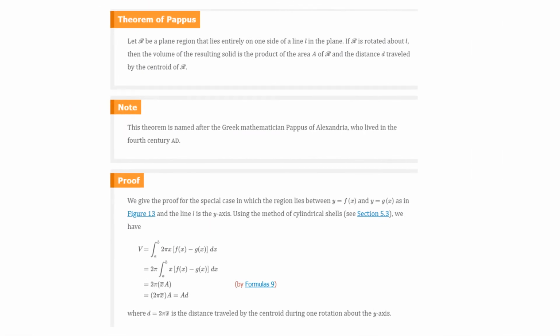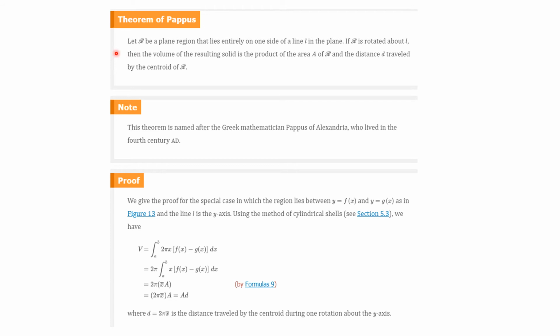Now, it turns out that there are two very interesting theorems attributed to an Egyptian mathematician, Pappus, and this was long before calculus was invented. Our proofs are going to be using calculus, but you can use this theorem and realize that this guy figured these out without calculus. Okay, so here's what the theorem of Pappus states, at least one of the theorems of Pappus.